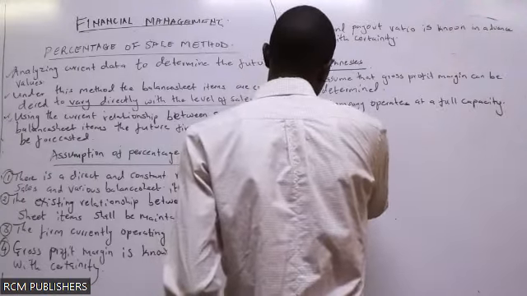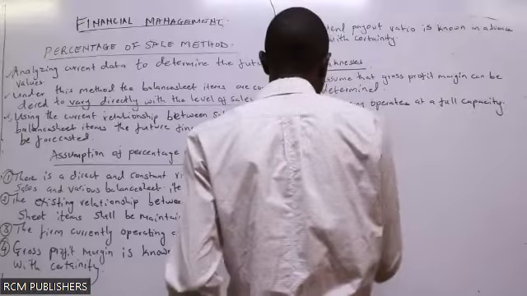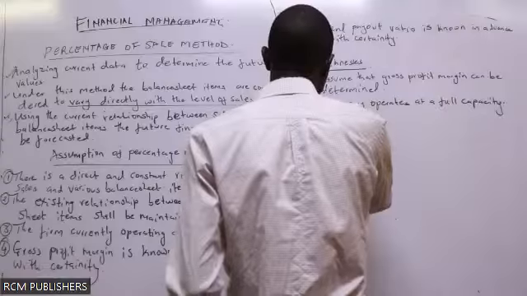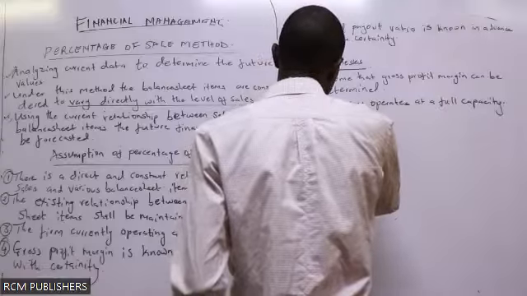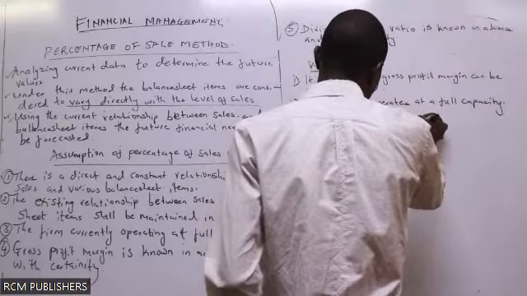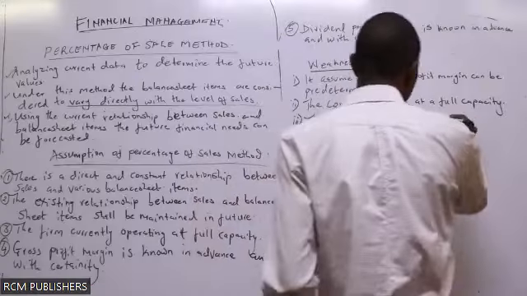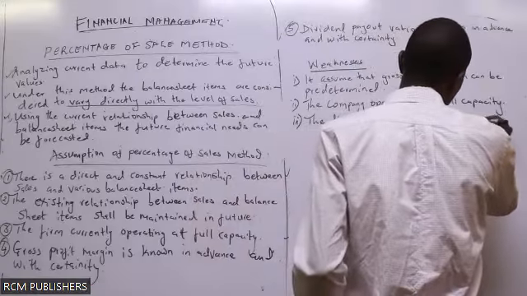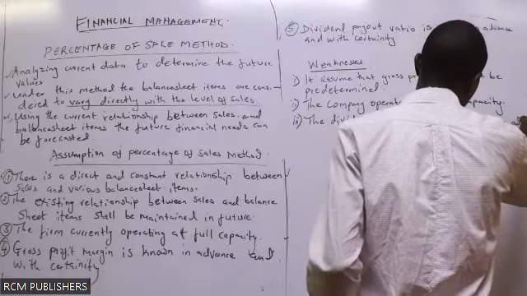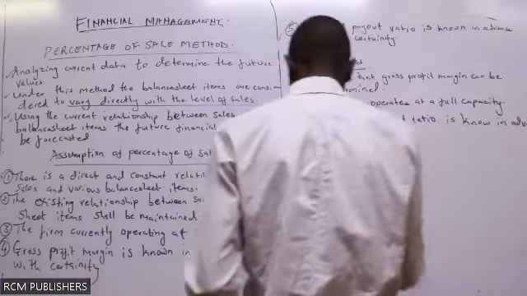You see, when you are asked of weaknesses, you take those assumptions. Unaziframe, eh? The dividend payout ratio is known in advance and with certainty.